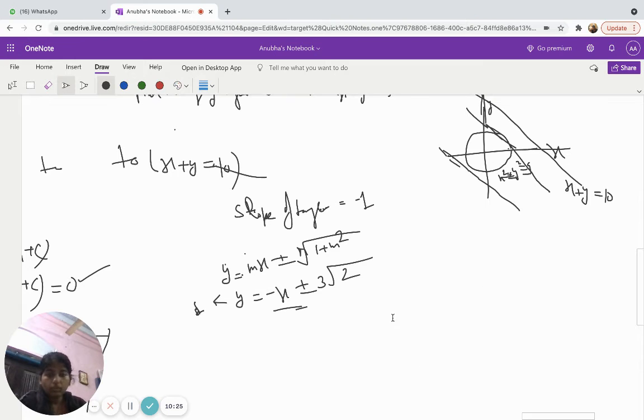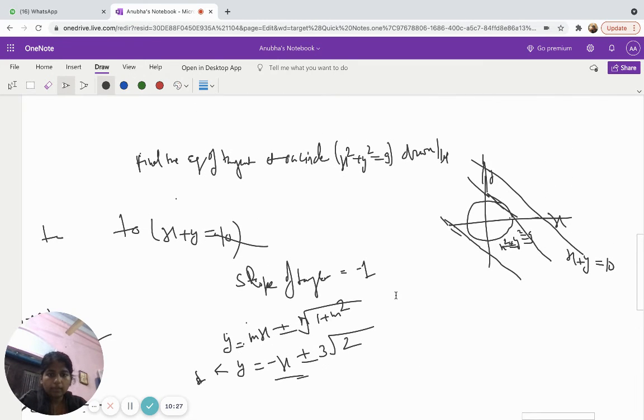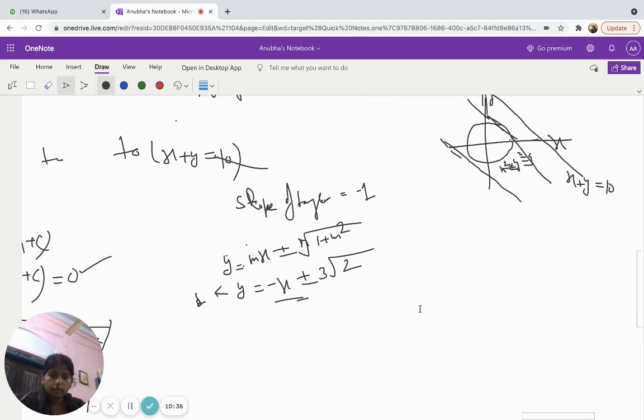Okay, but for example, if you need to find the point at which the tangent touches the circle, let's try to find it. From this equation we have x plus y equal to plus minus 3 root 2.